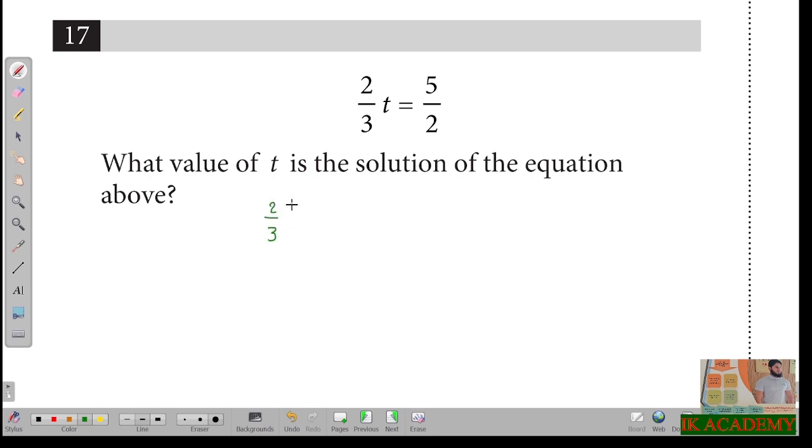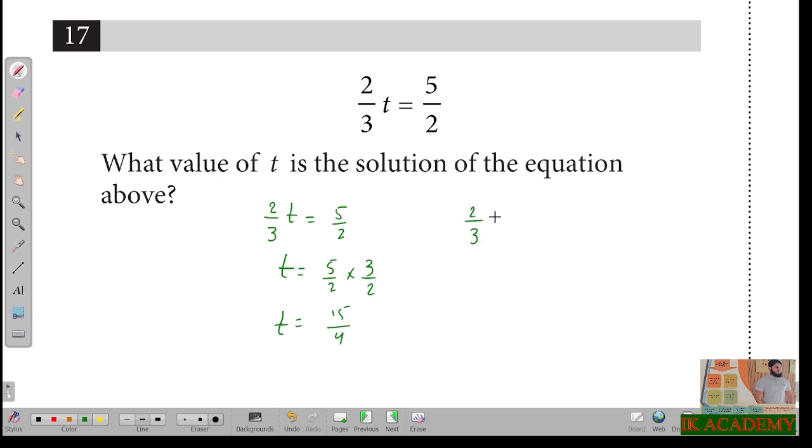By cross multiplication, 5 by 2 multiplied by 3 by 2 is 15 by 4. If we put 15 by 4 instead of t, it will give us the solution of the equation.